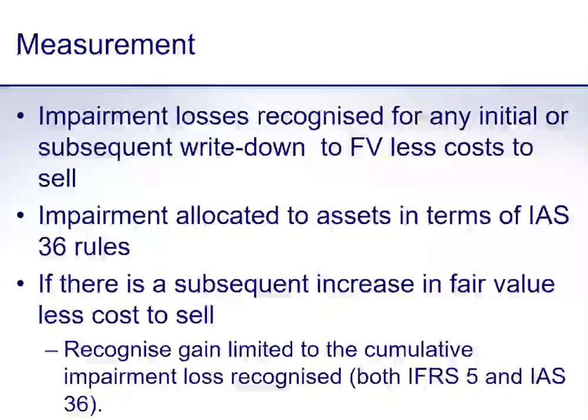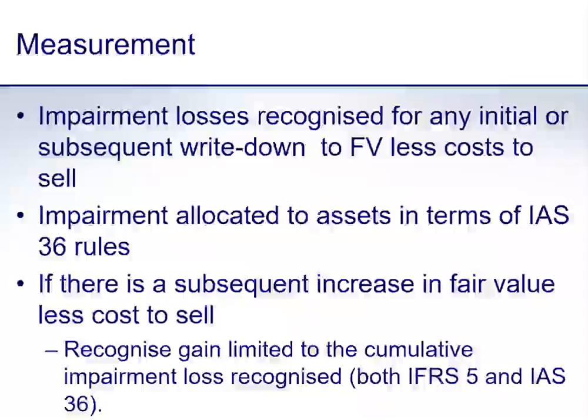But in looking at this reversal, the impairment reversal is limited to the impairment loss that we've recognized. The impairment loss that we've recognized here will be both the impairment recognized because of the application of IFRS 5 and the application of IAS 36.